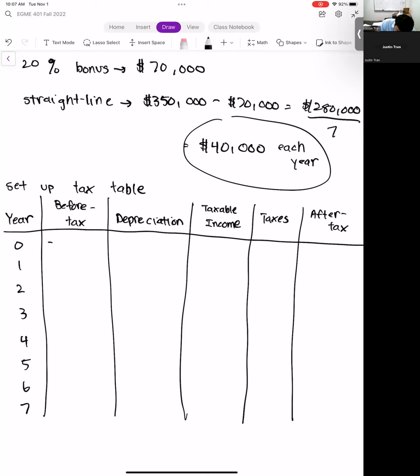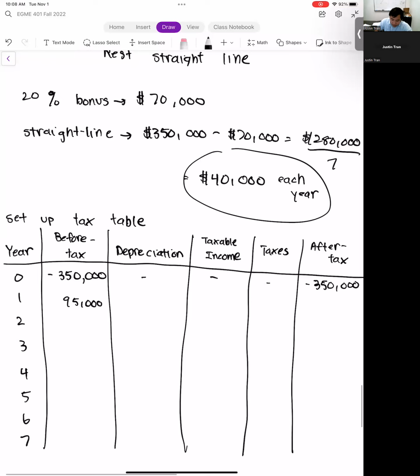Okay, so first let's put in all our before tax cash flows, and so we know that we have an initial cost of $350,000, and so we're going to put that in as minus $350,000. Okay. In year 0, we don't have to pay any taxes because we just bought the thing. Okay. And so our after-tax cash flow is going to be just the same as the before tax, which is minus $350,000.